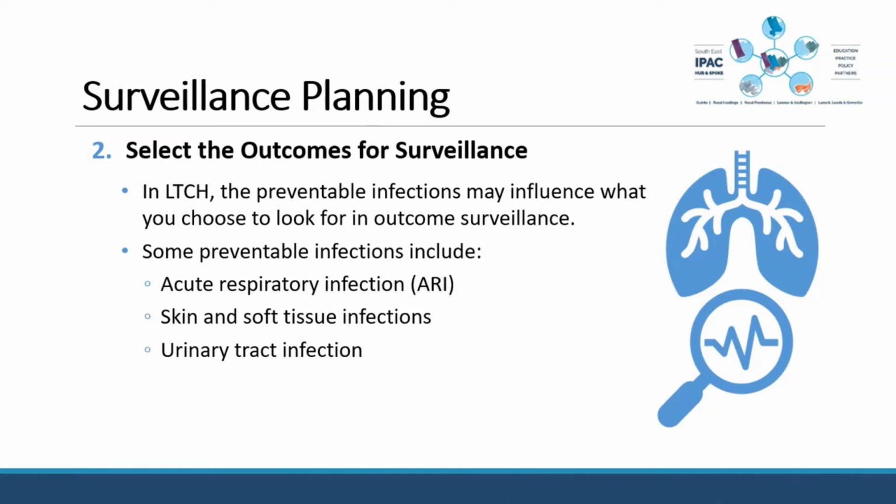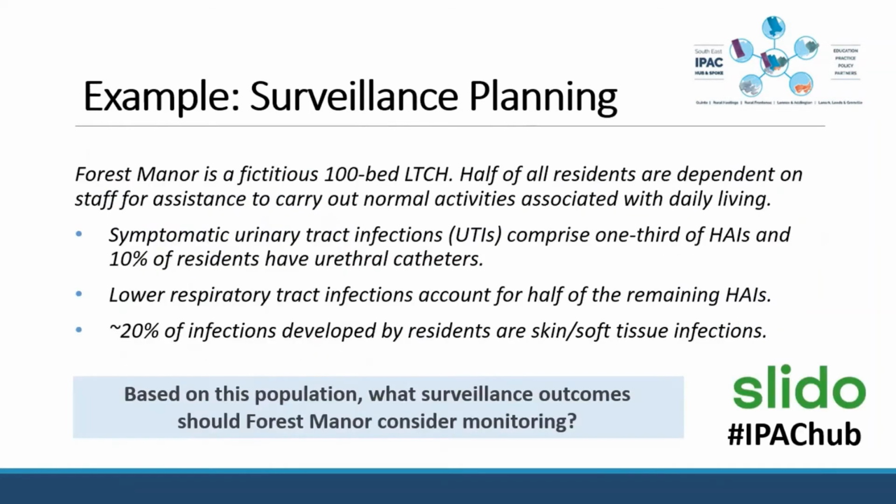Another example of infections that contribute to the burden of healthcare associated infections in long-term care homes is skin and soft tissue infections, with many of these infections being preventable, especially where they result from skin breakdown and pressure ulcer development. Therefore, consideration should be given to monitoring skin and soft tissue infections, which is a common quality of care indicator in long-term care settings. Lastly is urinary tract infection, which many may be preventable in long-term care homes through the limited use of indwelling urinary catheters. These also contribute to the burden of healthcare associated infections in long-term care homes.